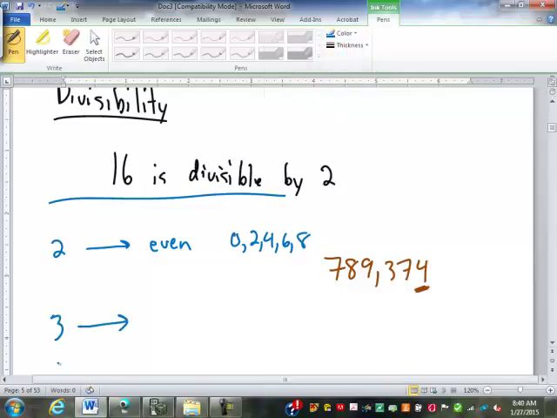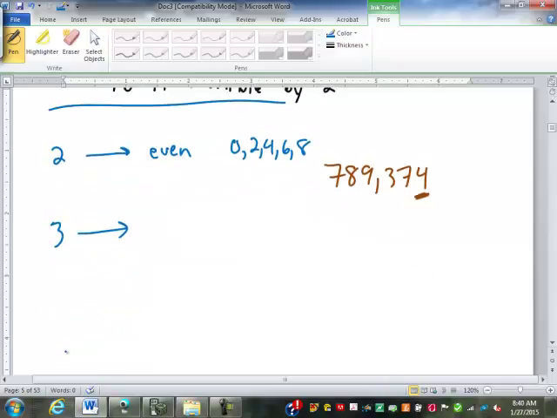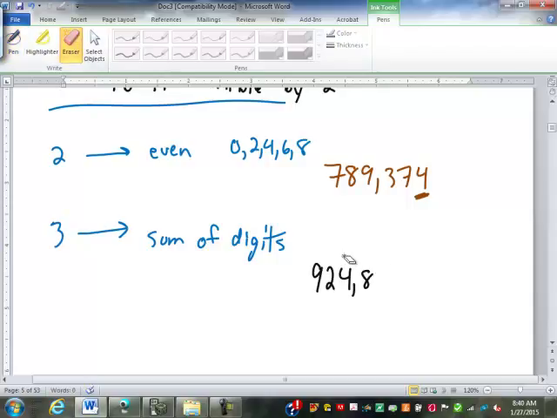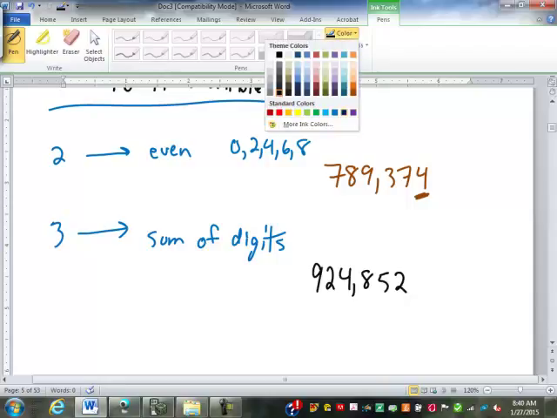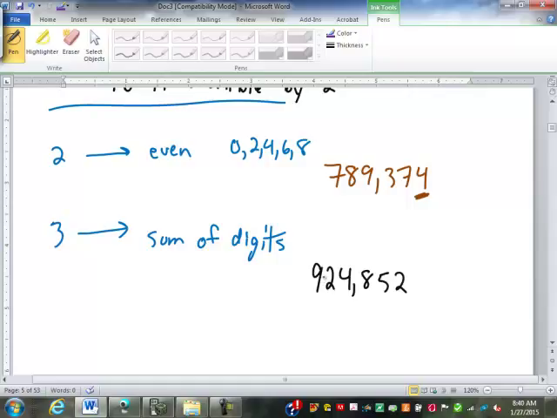How do we tell if something's divisible by 3? We look at the sum of the digits. 924,852 is divisible by 3 because if we add the digits, what's 9 plus 2? 11 plus 4? 15 plus 8? 23 plus 5? 28 plus 2 is 30.